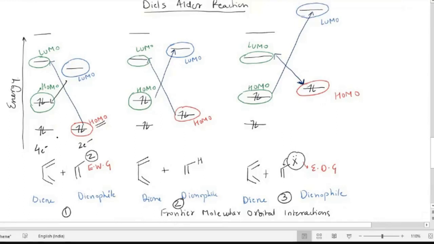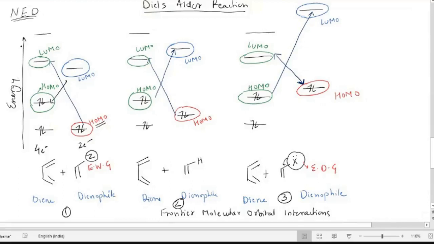Okay, now let us discuss the rates of Diels-Alder reaction. How to determine the rates of Diels-Alder reaction and how to determine what kind of reaction it is. Now, in general case, dienes are generally electron rich and dienophiles are electron poor. So this kind of reaction is called normal electron demand Diels-Alder reaction.